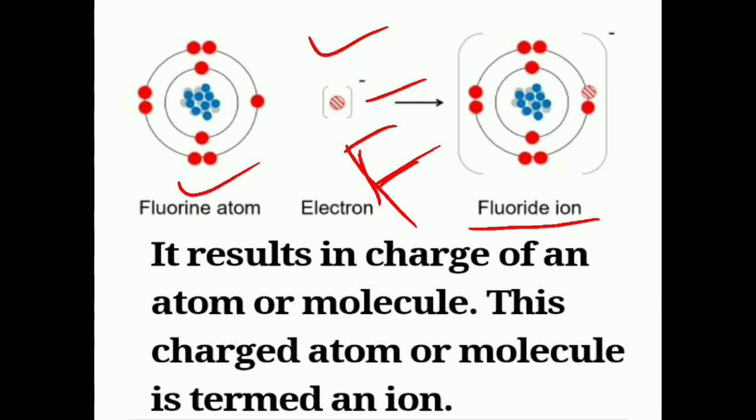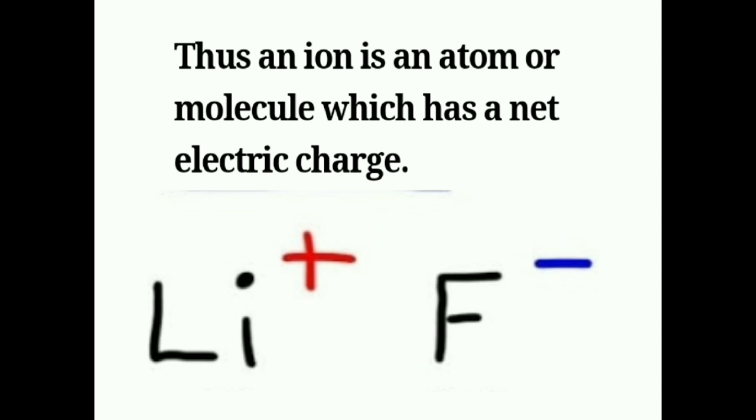So it results in a charge on an atom or a molecule. This charged atom or molecule is termed an ion. Thus, an ion is an atom or a molecule which has a net charge. For example, lithium ion Li+, fluoride ion F-.